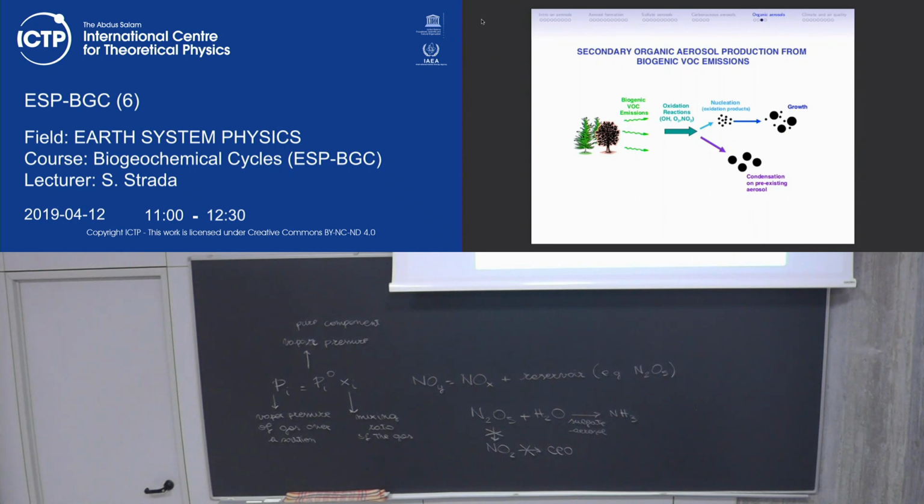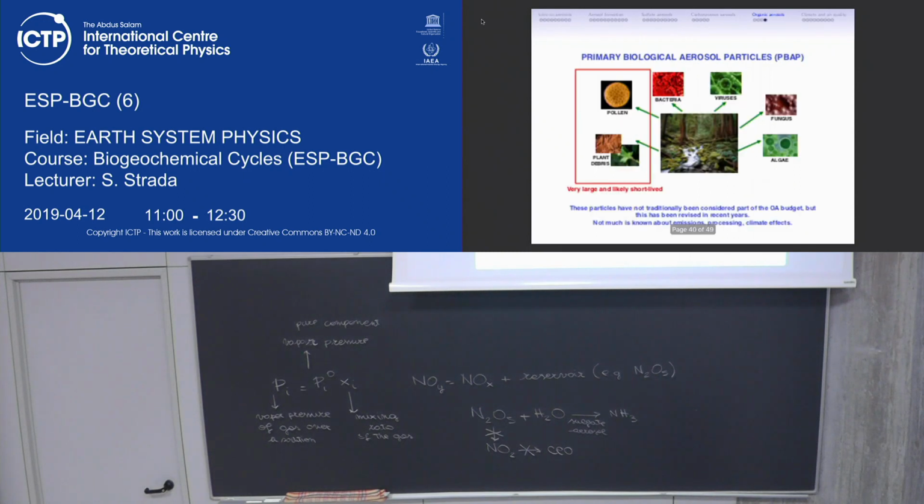Or another way to grow in size and produce some aerosol is the condensation of these gas molecules on pre-existing aerosols. And then depending on if we are in a gaseous or aqueous phase, then as well the representation into models will be different for volatile organic compounds.